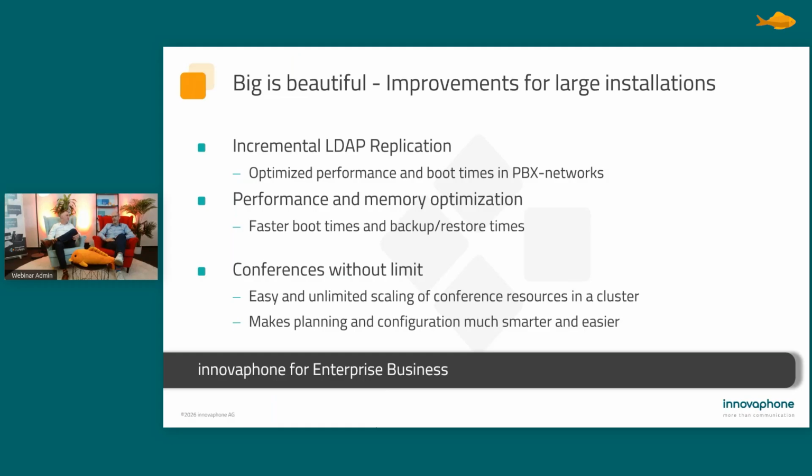So one thing we have improved in Release 16 is that the replication between PBXs and the networks is no longer done by replicating the whole database. We now are only replicating the changes in the databases, what is called incremental replication, which of course reduces the data load on this kind of replication, optimizing the performance and the boot times in such a bigger network.